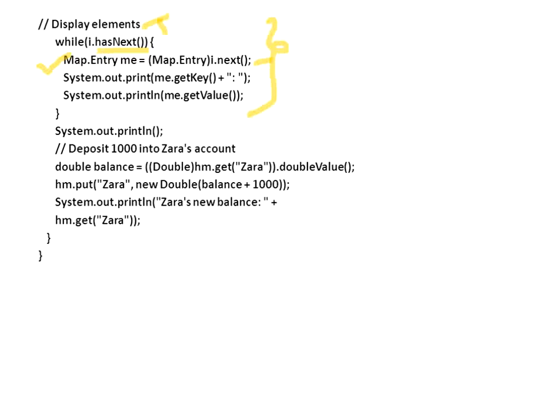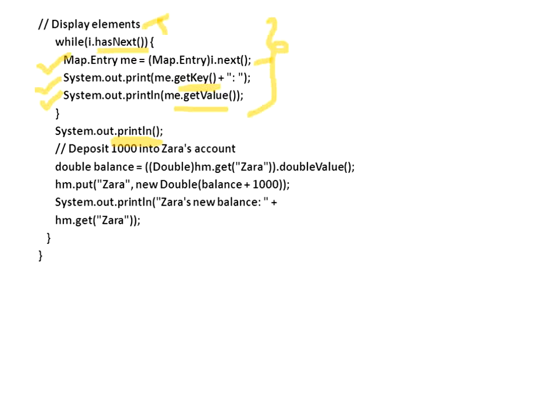So we are fetching each and every element one by one, and then System dot out dot print me dot getKey, and then System dot out dot println me dot getValue. So first of all, we are fetching the key and then its corresponding value, and then we are printing it. System dot out dot println, a new line will be printed.